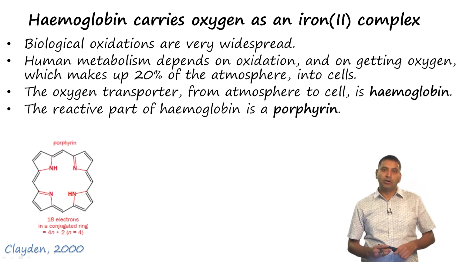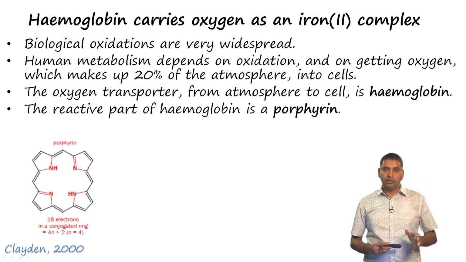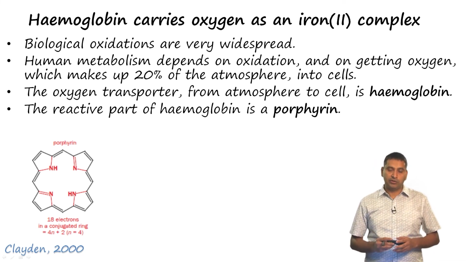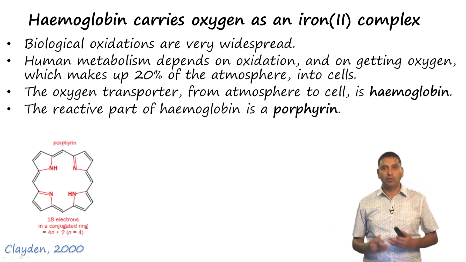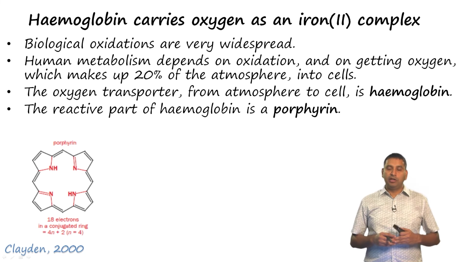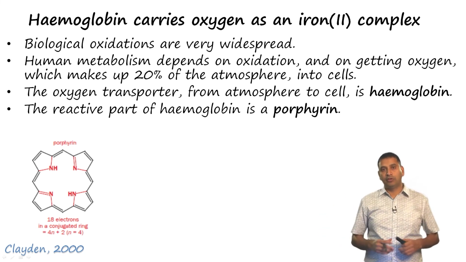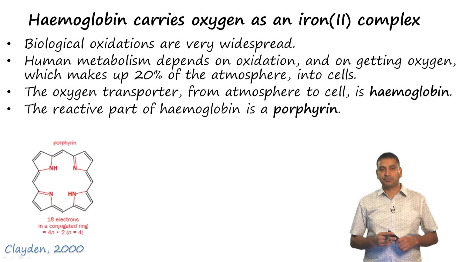The next topic that we are going to look at is how oxygen is carried inside the cell. Hemoglobin carries oxygen as an iron 2 complex, and this is very important because a number of biological oxidations, which we shall look at shortly, are mediated by heme containing enzymes. And human metabolism depends on oxidation and on getting oxygen, which makes up about 20% of the atmosphere, inside cells.